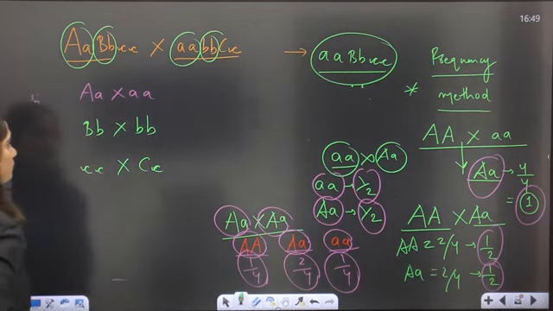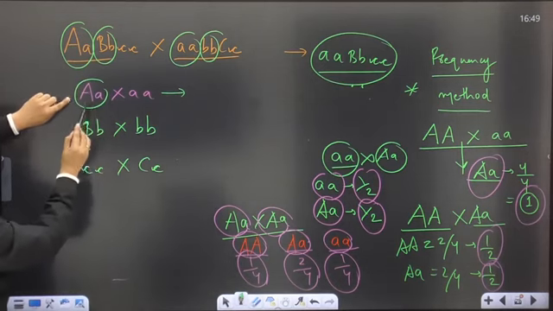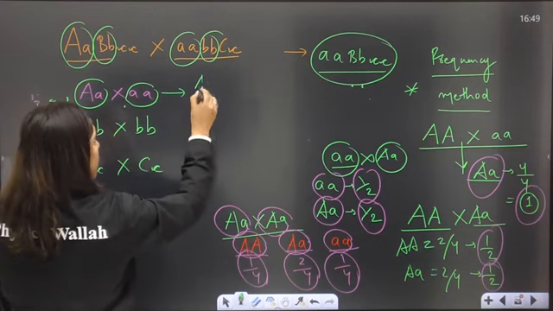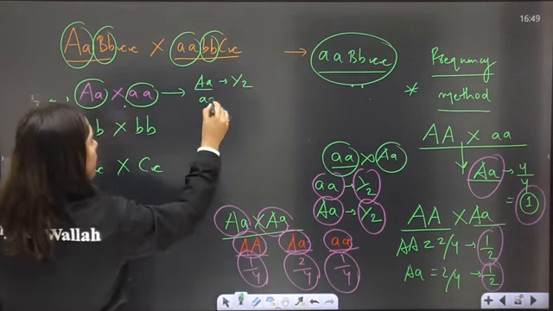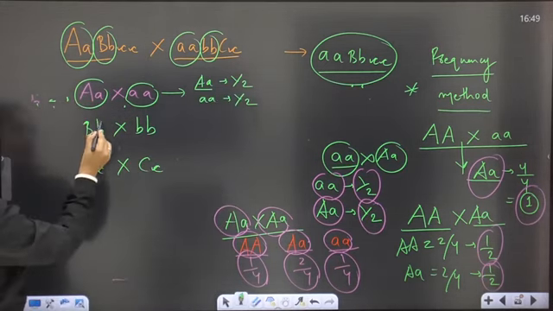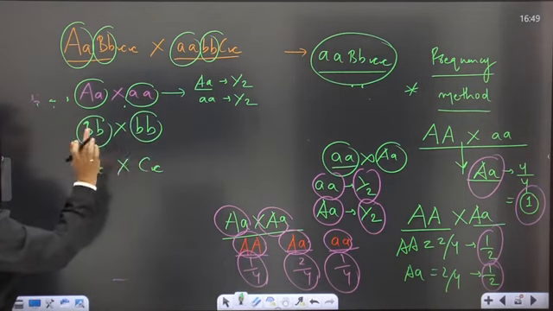Now, see beta, one is heterozygous, one is homozygous. So, half of the probability would be of this and half of the probability would be of small a, small a. Now, one is heterozygous, again, one is recessive.